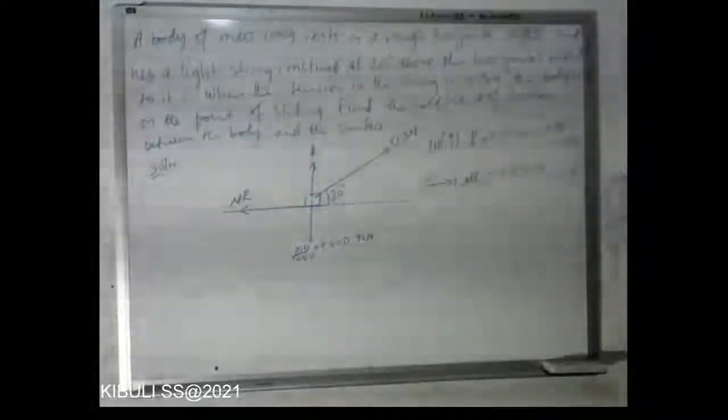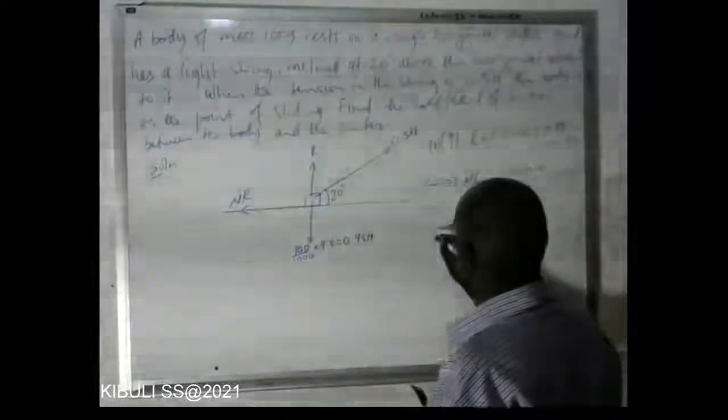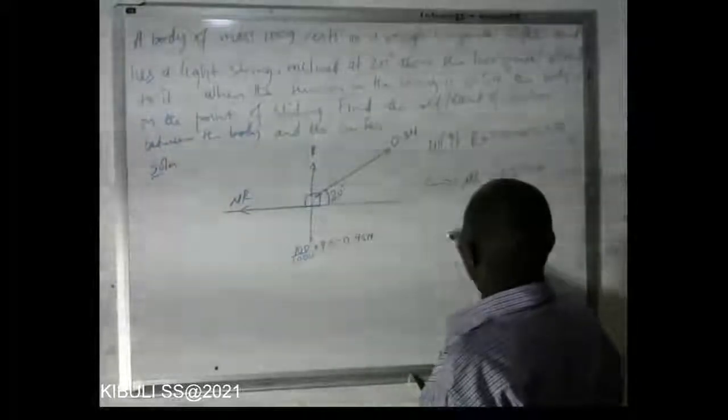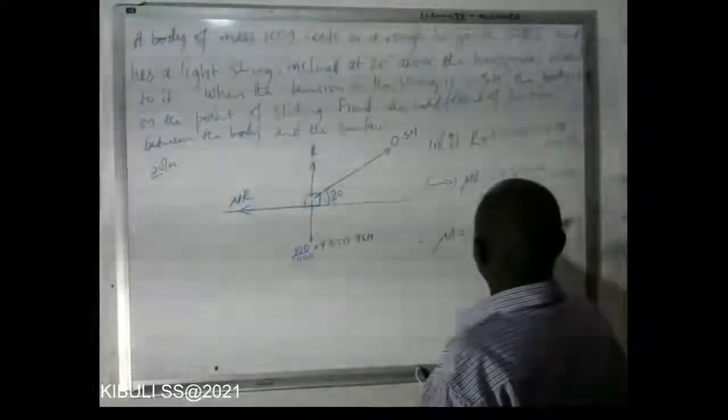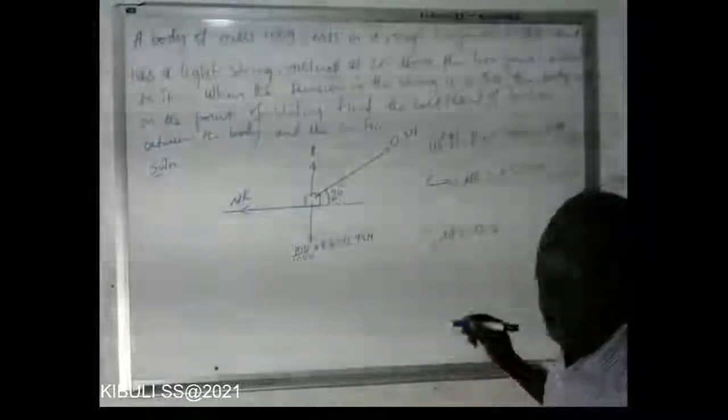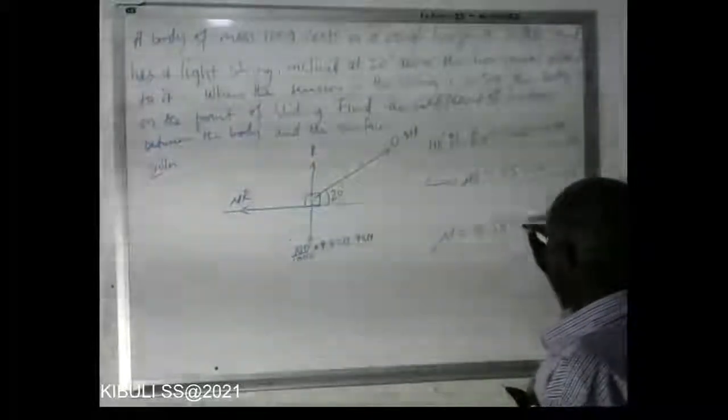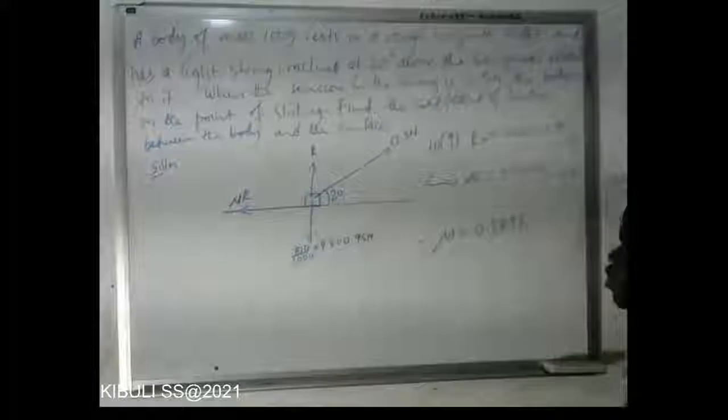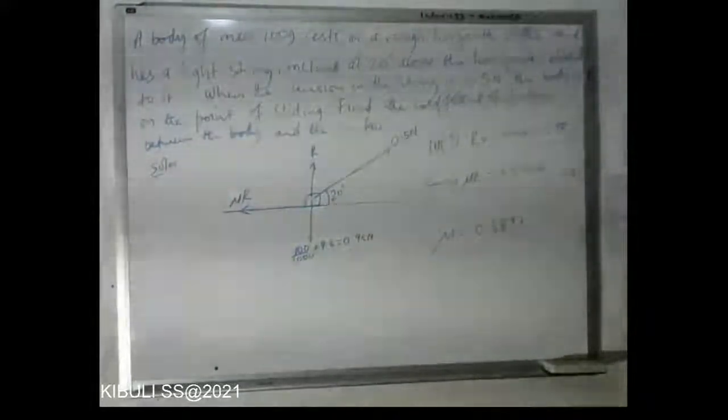When we solve these two equations simultaneously, we get mu to be equal to 0.3897. That is the coefficient of friction between the body and the surface.